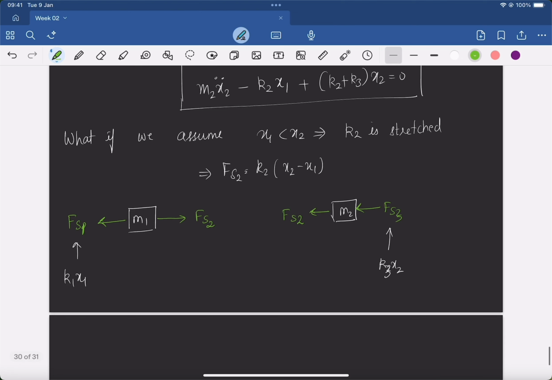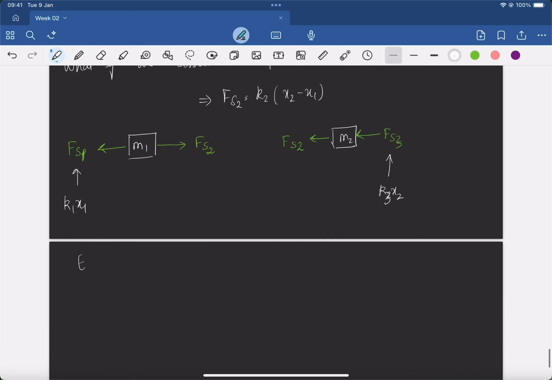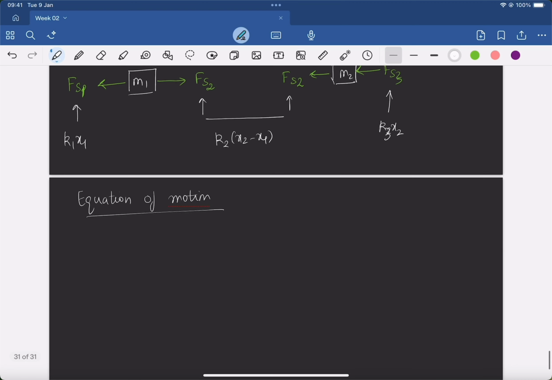So now if we go back and write our equation of motion, we can write these two spring forces as k2 into x2 minus x1. For mass m1, m into a is the summation of forces.